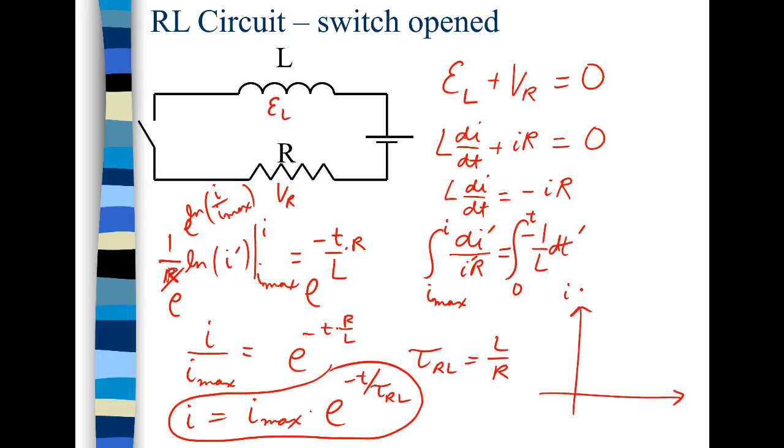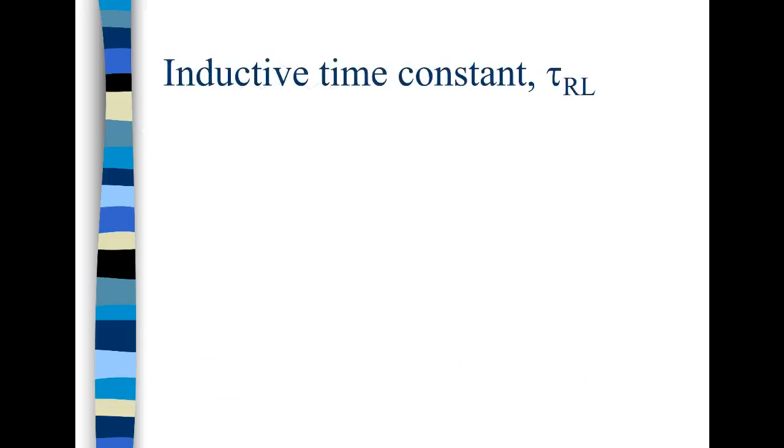And so this is our equation for when we open the switch. And checking this with our thoughts on what should happen, we know that we start at some value I max, and rather than dropping immediately to 0, it's going to decay exponentially. Now this exponential decay occurs exactly the same way as what we discussed with RC circuits. And that's related by the inductive time constant.